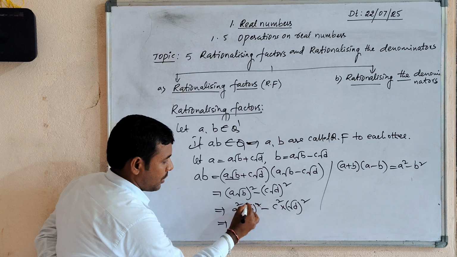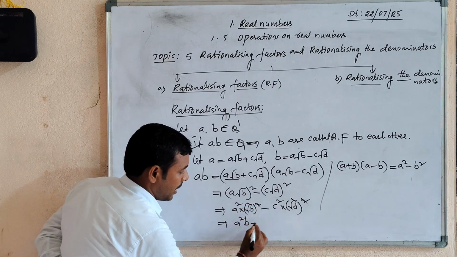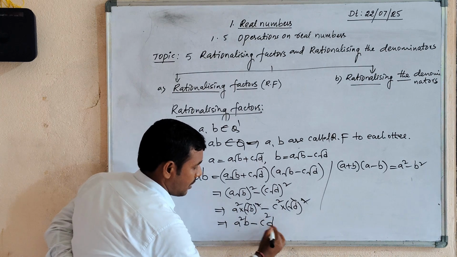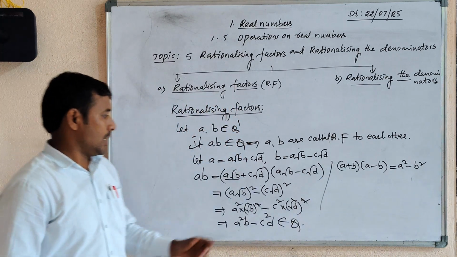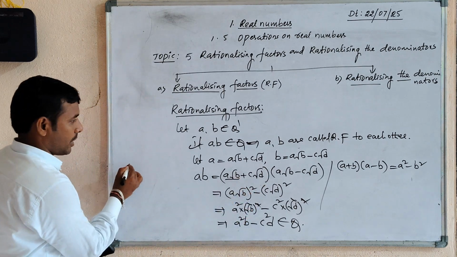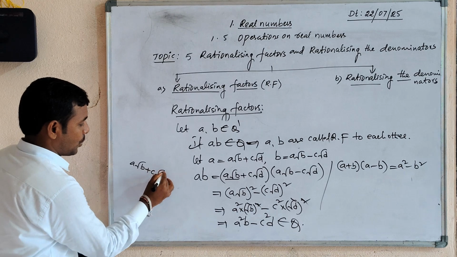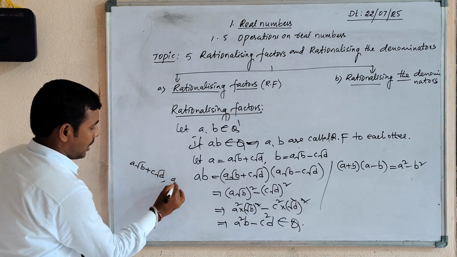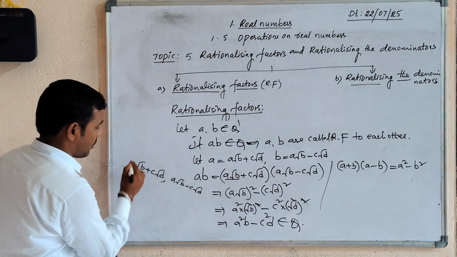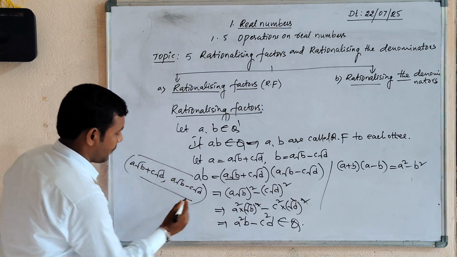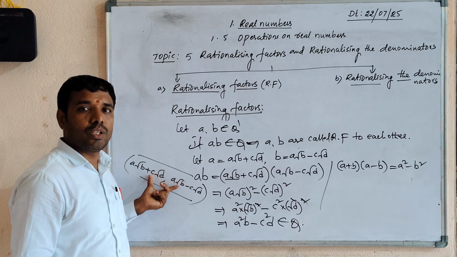Further, the square roots cancel: a square b minus c square d, which is called rational. So for that reason, a into root b plus c into root d, and a into root b minus c into root d, these both are rationalizing factors to each other.